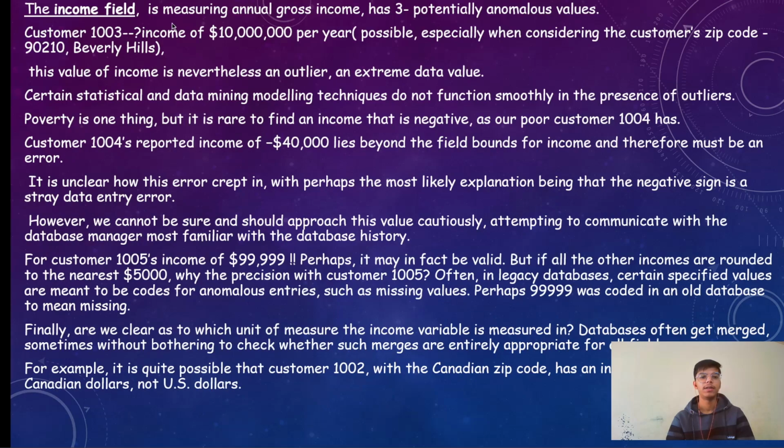Now the income field is measuring annual gross income and has three potential anomalous values. For customer 1003, income is 10 million per year.